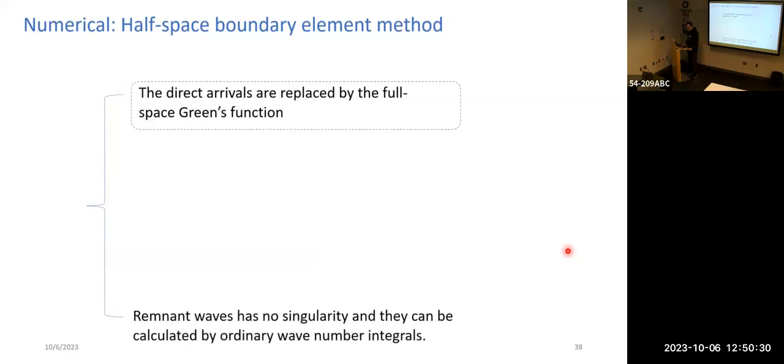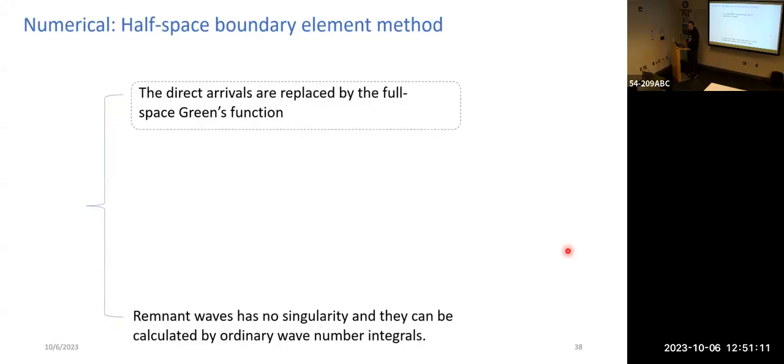And another problem is that when you do the boundary element calculation, the Green's function has a singularity. You need to deal with the singularity. And for the analytical form, we have the regularization algorithm. But for the half space boundary element, the problem is that the Green's function is represented by an integral. The singularity is a fast oscillation component of the Bessel function. And I just do some mathematics, find some terms that are highly oscillating. Those terms come from the contribution of the direct arrivals.